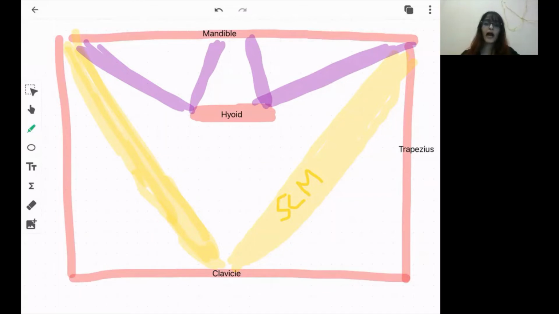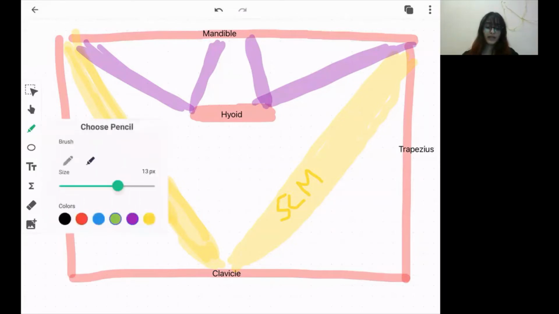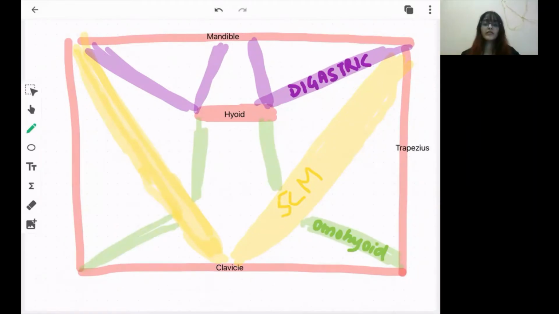So omohyoid, that is from scapula to hyoid bone. It again has two bellies, the superior belly and inferior belly. So if you remember these muscles, you can make out all the triangles. You can just draw it and you can remember all the triangles that are present in the neck.